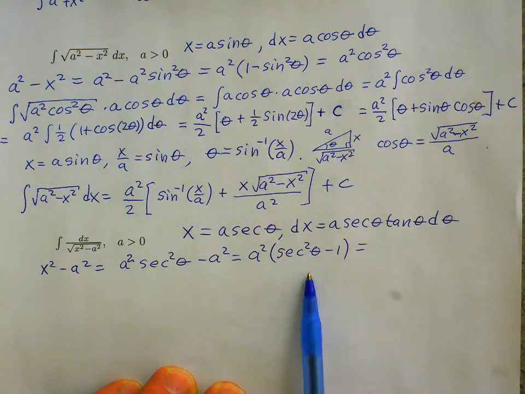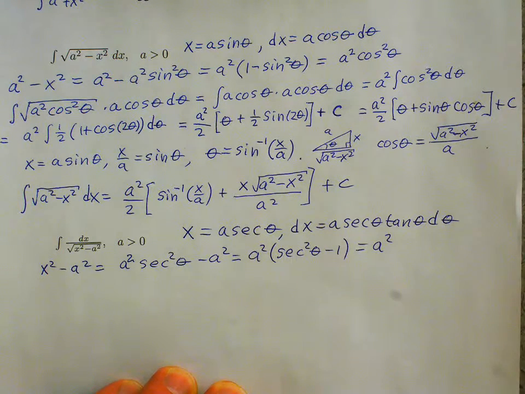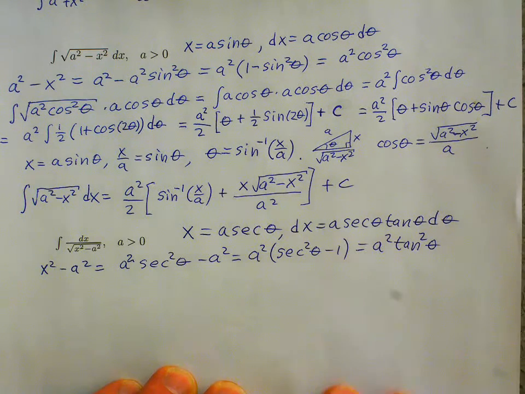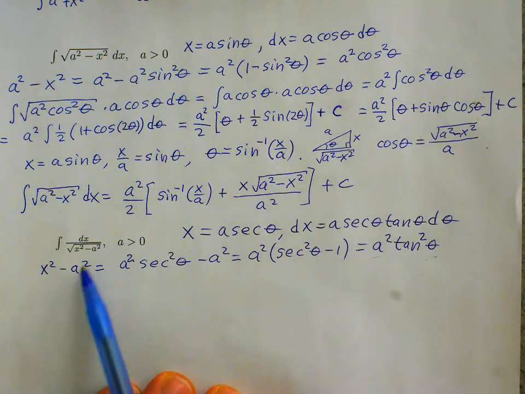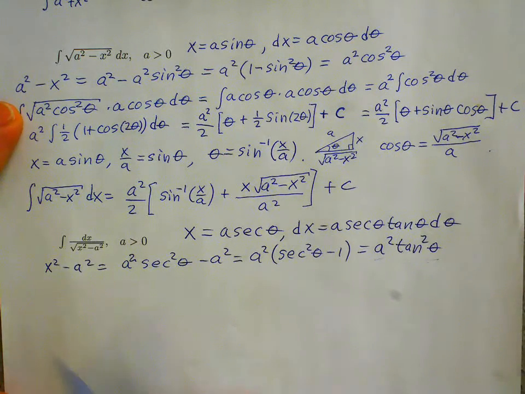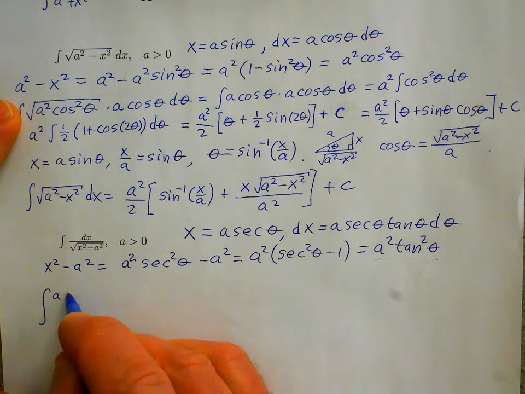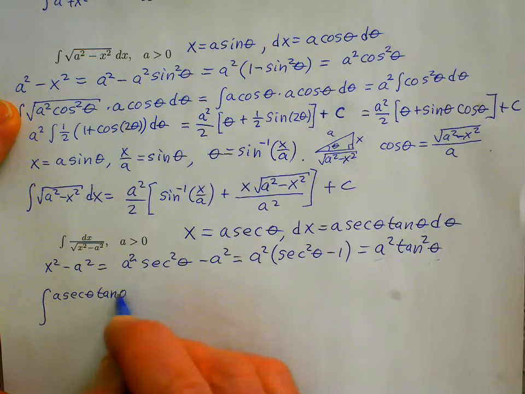But secant of theta squared minus 1 is tangent of theta squared. So this is what we'll put inside the square root in the denominator. And we'll replace dx with a times secant of theta tangent of theta d theta.